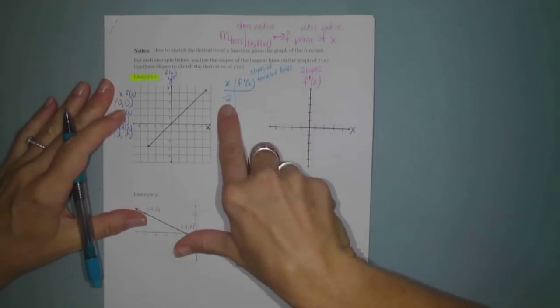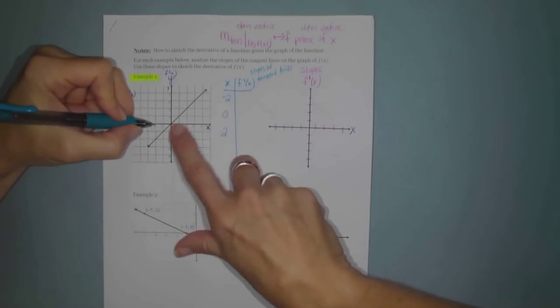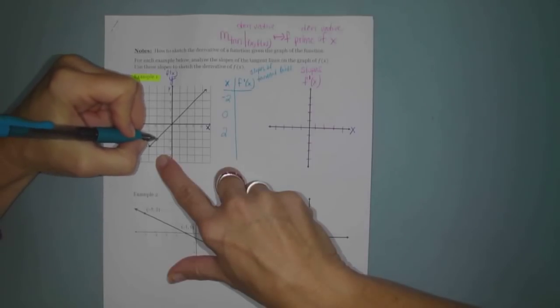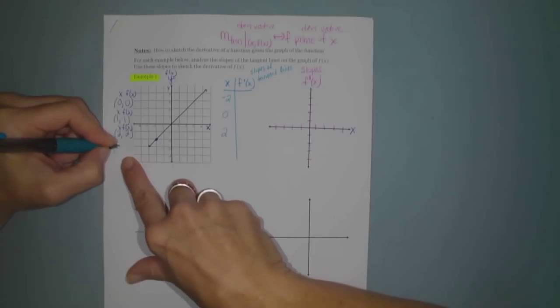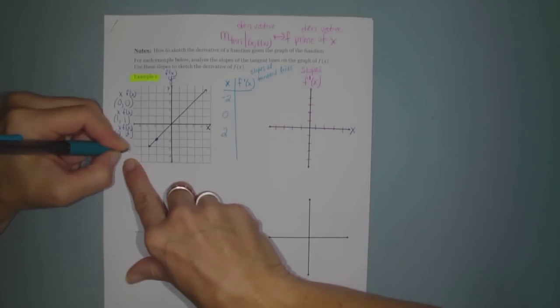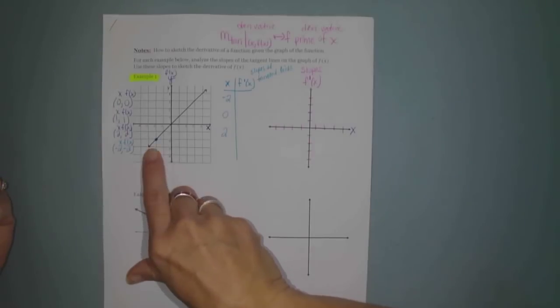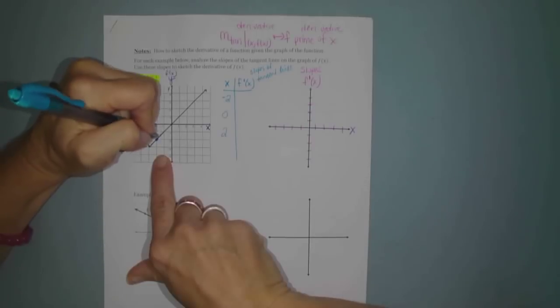Okay, so let's go over to negative 2. Okay, so x is negative 2. What you want to do is come down here to the graph. So you are at the coordinates, and I put the coordinates over here. So the coordinates are negative 2, negative 2. That's your x and your f of x, like you've always learned. But now what we're going to do, when you get there, I want you to draw a tangent line.